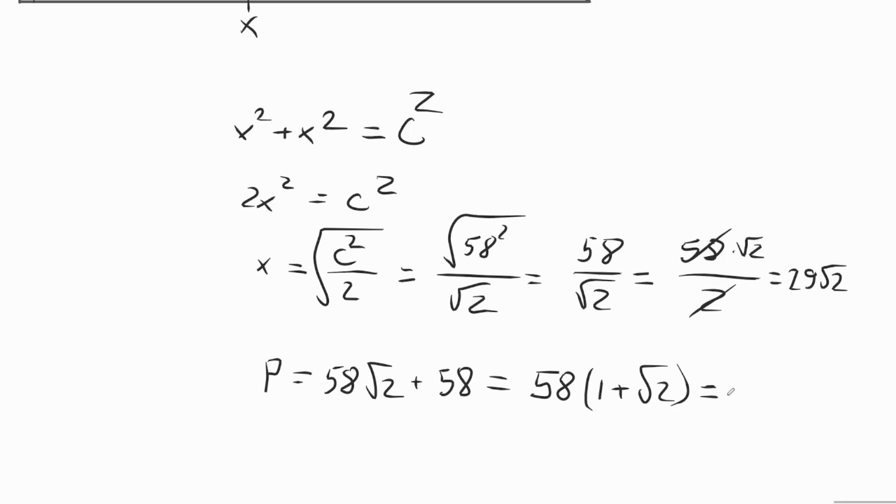So the square root of 2 is approximately 1.4. Let's do a quick calculation. Times 58. So approximately, if we round it to a whole number, it will be 140 inches.